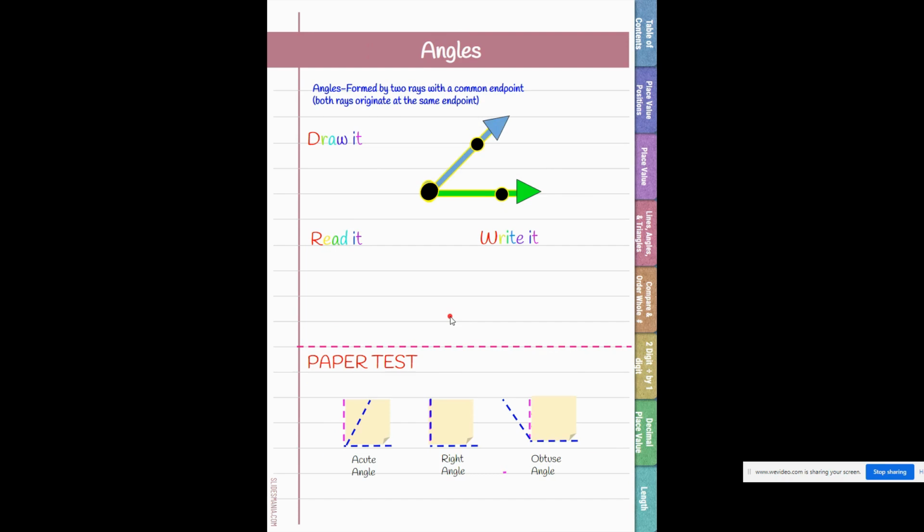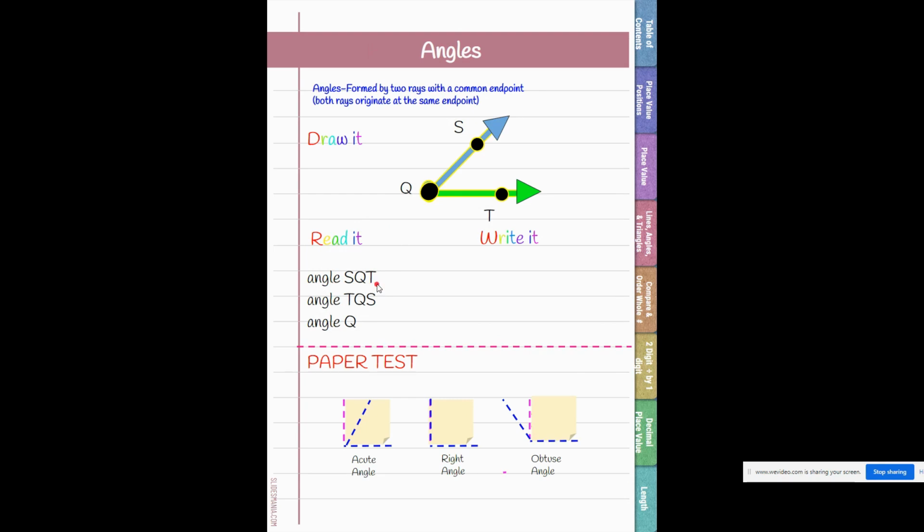Now let's talk about angles. Angles are formed by two rays with a common endpoint. They both originate at the same endpoint. So if you take a ray and join it here at the vertex with another ray, they form an angle. We can call this angle SQT.